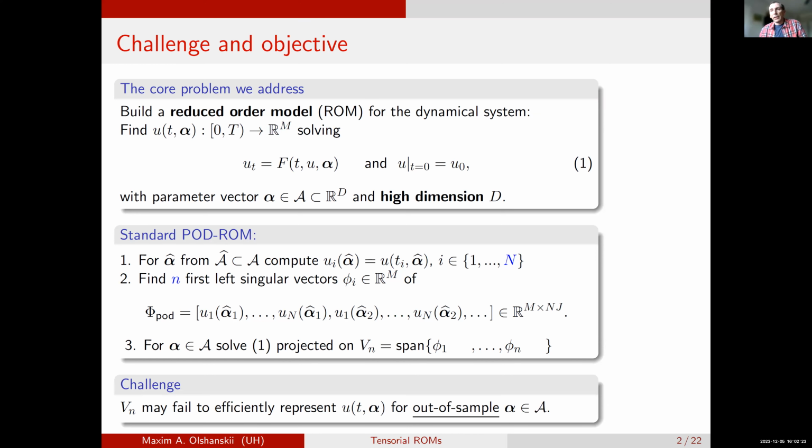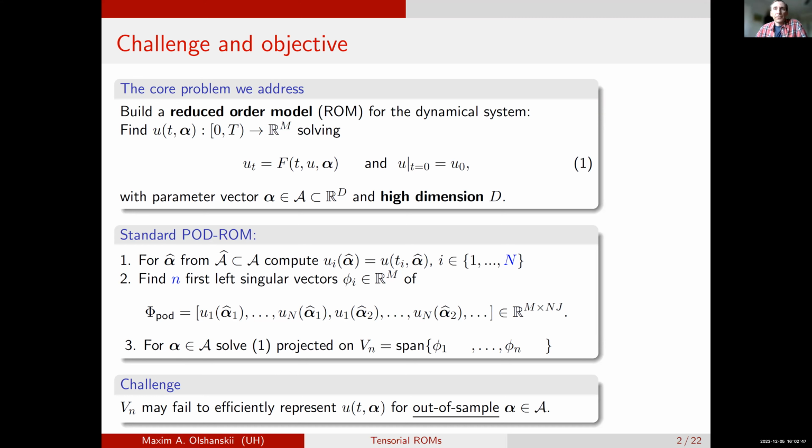A well-known challenge here is that this POD space loses the information on parameter dependence in the problem, and in general it may fail to efficiently represent our states for out-of-sample parameter values.